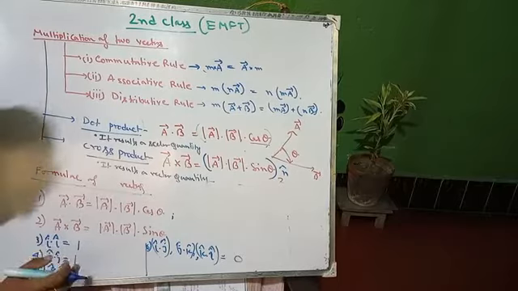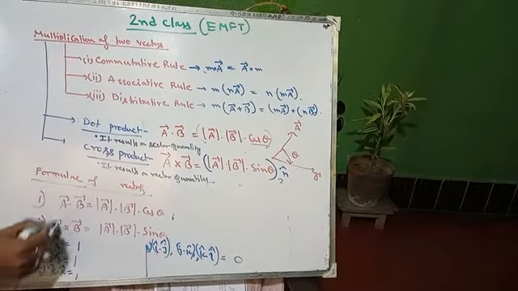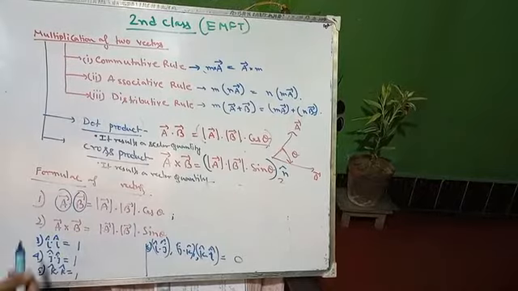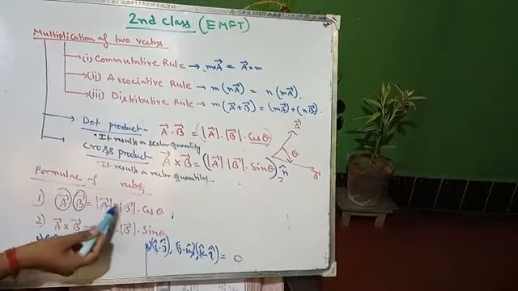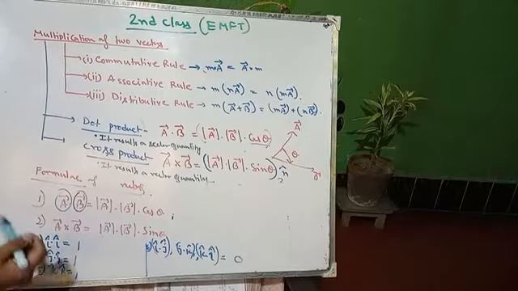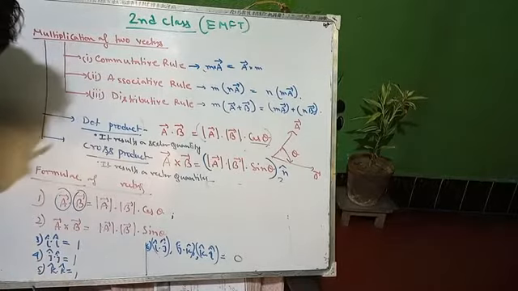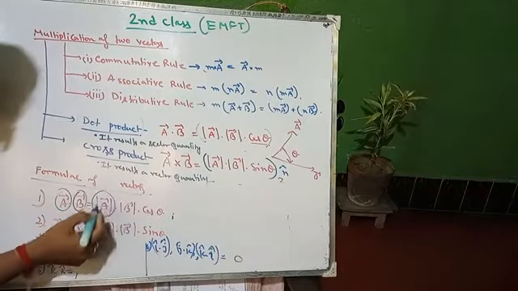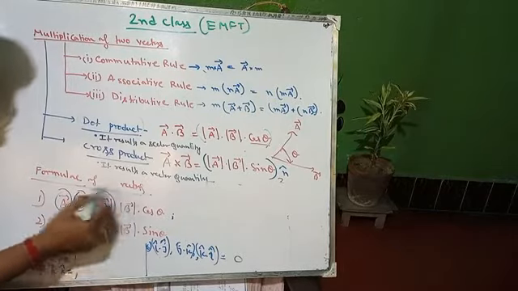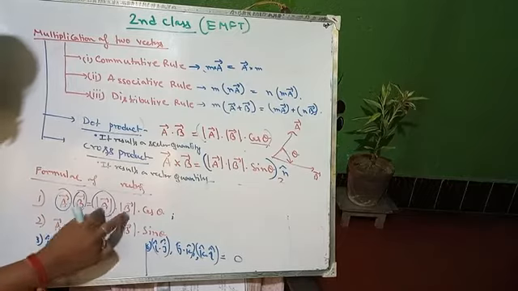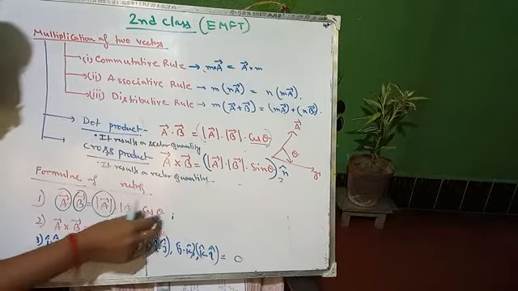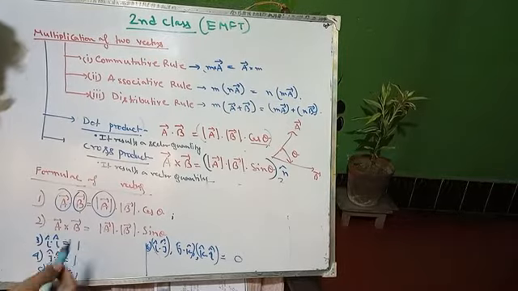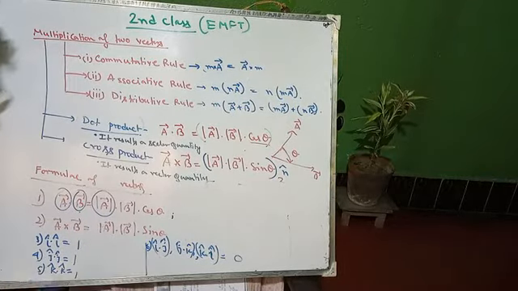Suppose i dot i equals 1. Put vector A equal to i and vector B also equal to i. By definition, the magnitude of a unit vector is 1, so these values are 1 and 1. And cos theta means the angle between i and i, which is 0 degrees, and cos 0 is again 1.